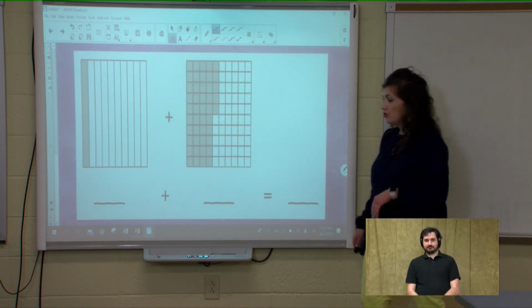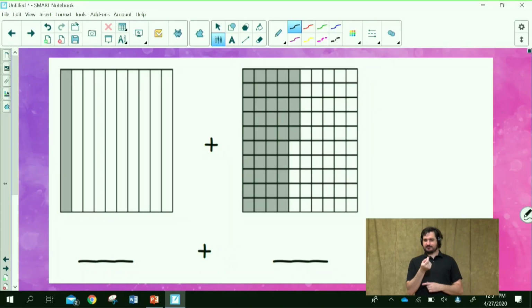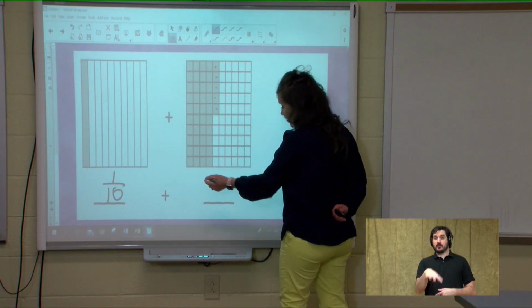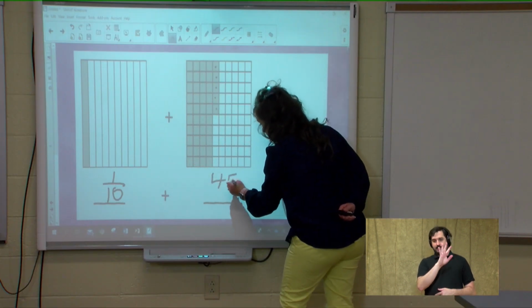All right, we'll get a little bit quicker with these, okay? So what's the shaded fraction? 1/10. What's the shaded fraction for this tile? 10, 20, 30, 40, 41, 42, 43, 44, 45 hundredths.